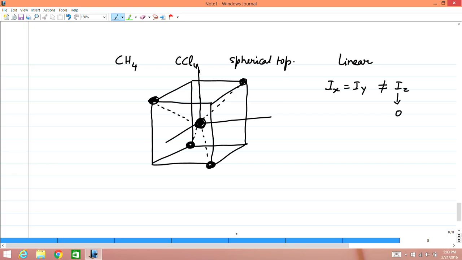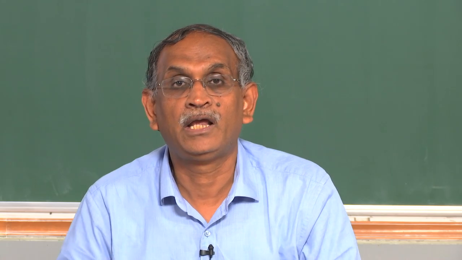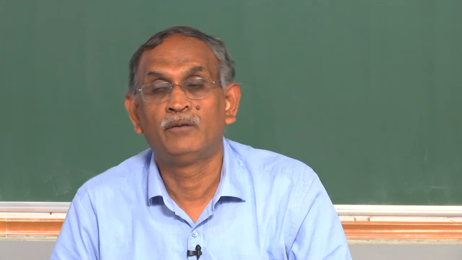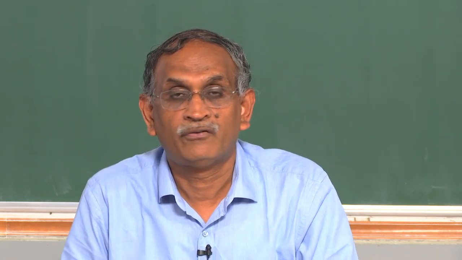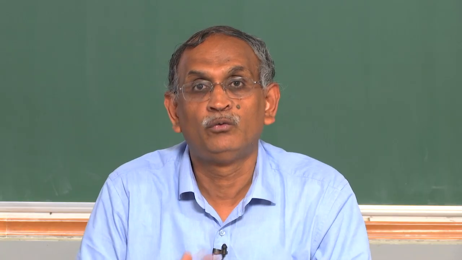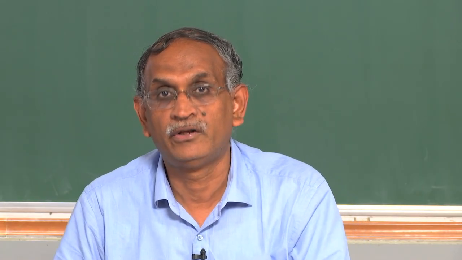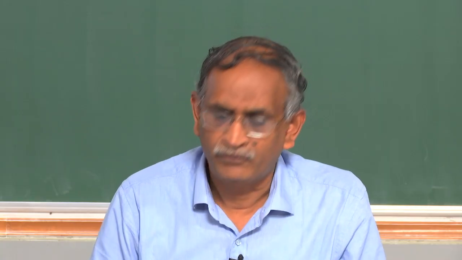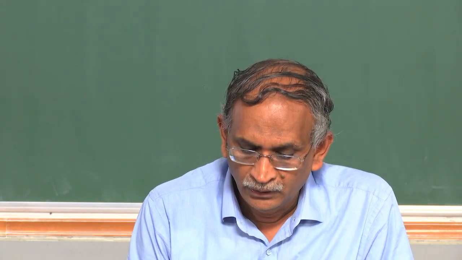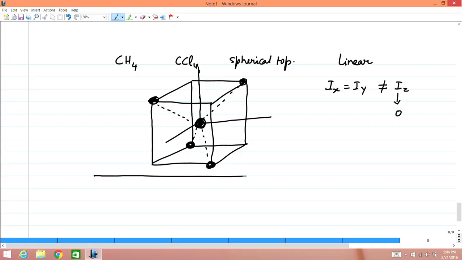The symmetric top has both the moments of inertia non-zero, big enough to be observed. But in the case of a linear molecule, it does not happen. There is only one moment of inertia, 2 components are equal, but the third is 0. So, there is a difference in the fundamental classification of the molecular moments of inertia.